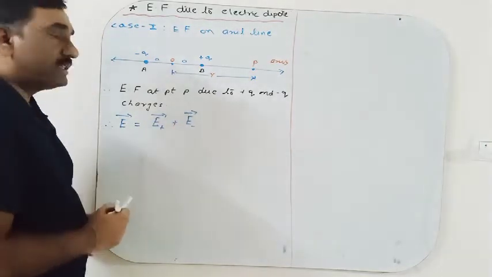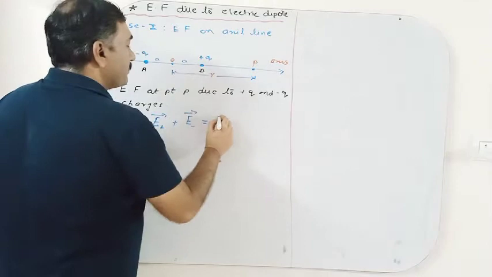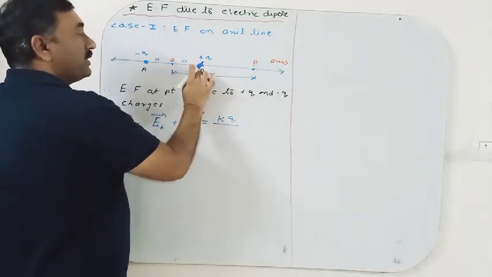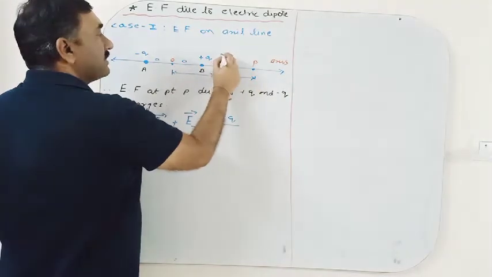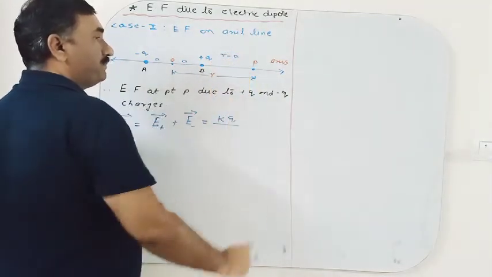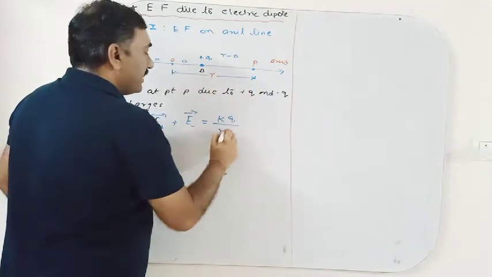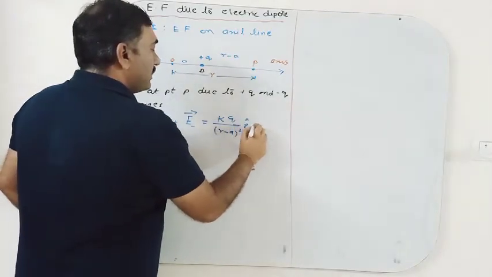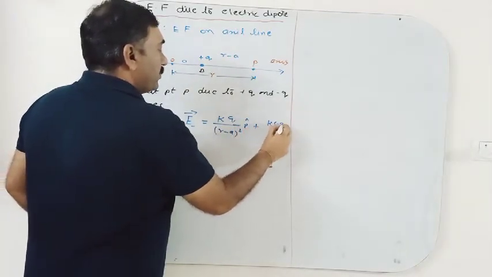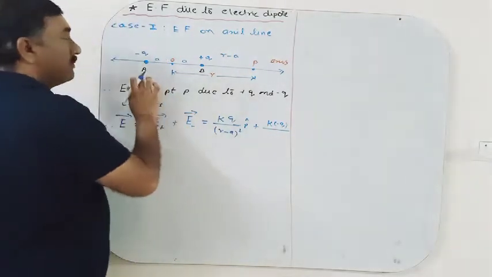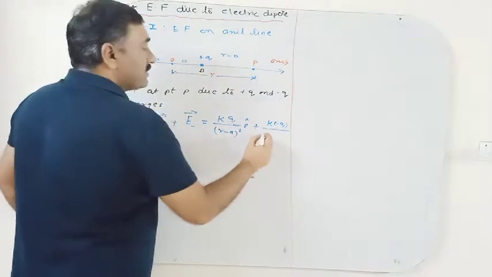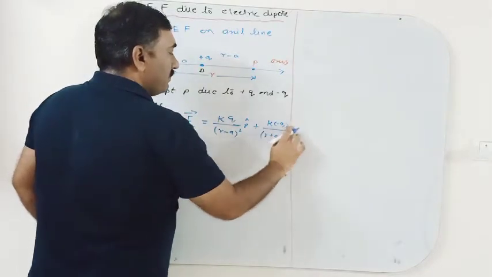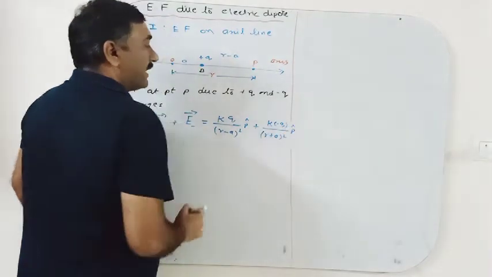The very basic formula for the electric field is kq upon the distance squared. The distance between B and P is r minus a, so we take kq upon r minus a whole square in the direction of p caret, plus the electric field due to the negative charge, minus kq, where the distance is r plus a, whole square, in the direction of p caret.